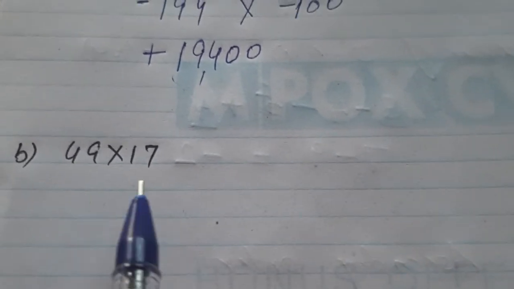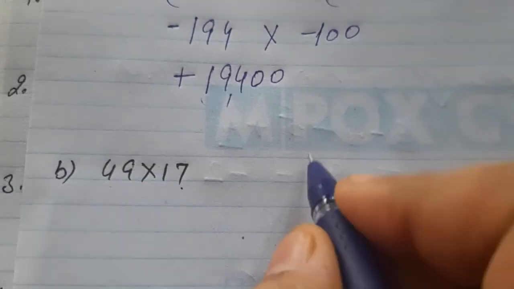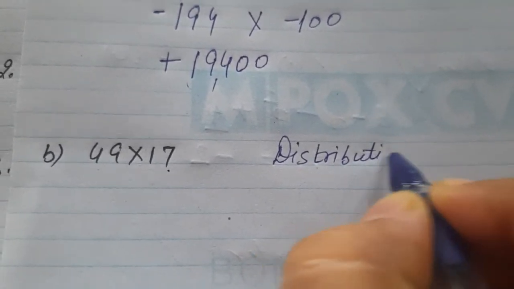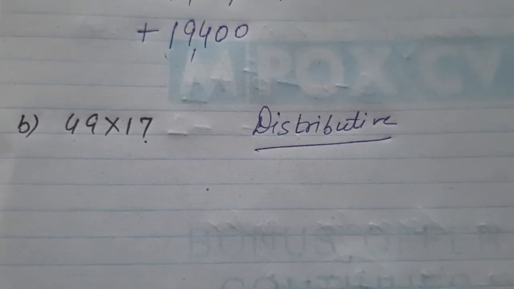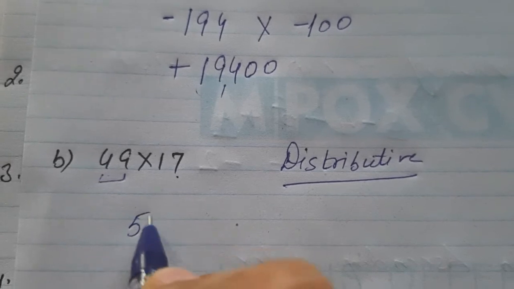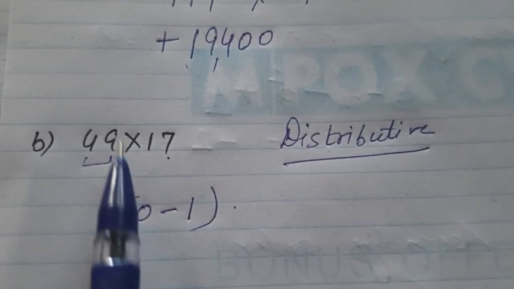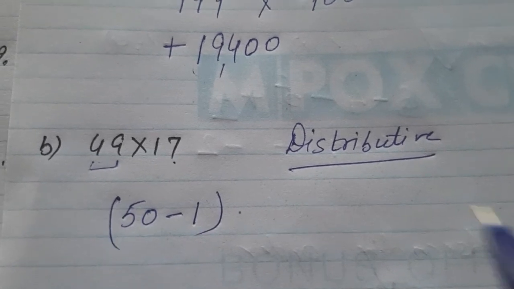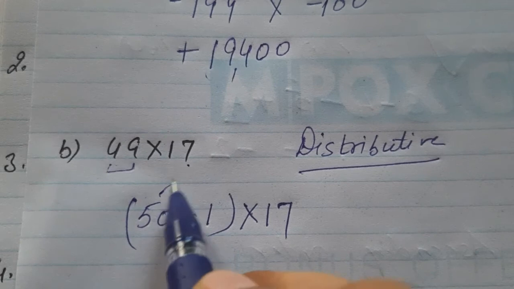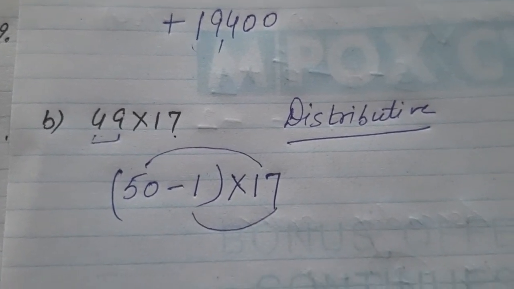Next, again using a property, we will solve it. 49 into 17. So we can use the distributive property here. 49 can be split by writing 50 minus 1, multiplied by 17. Now we will multiply 50 with 17 first. Afterwards multiply 1 with 17.